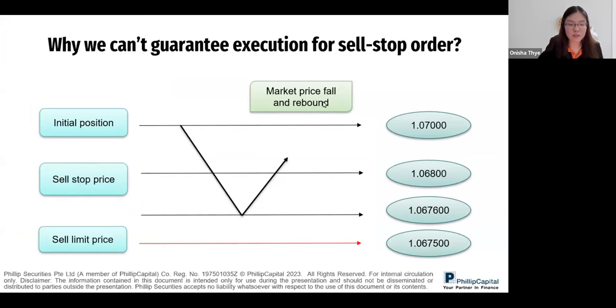So there's a possibility of the market falling in between the sell stop price and the sell limit price, and then it will rebound. When it rebounds, the market price did not reach this level, correct? So it will not be done. There is a possibility that the market price rebounds and will not fill the limit price that we submitted initially. So which means that we can't guarantee the execution, but only guarantee the price.